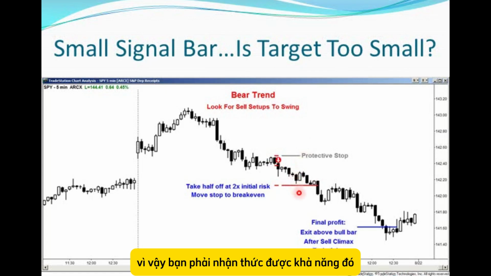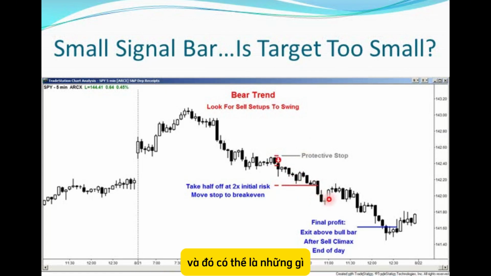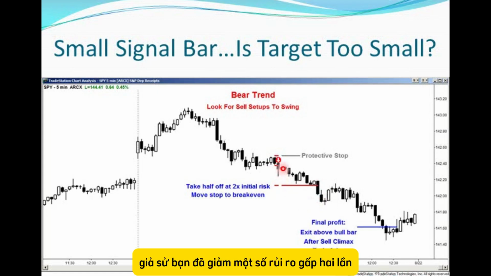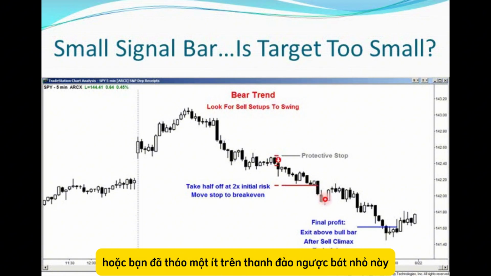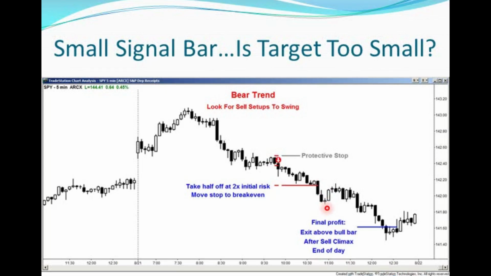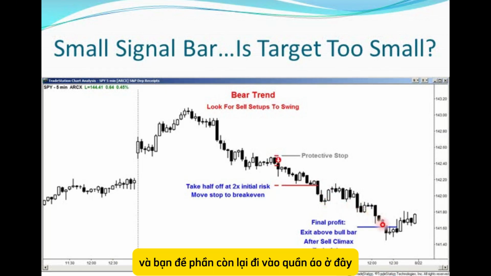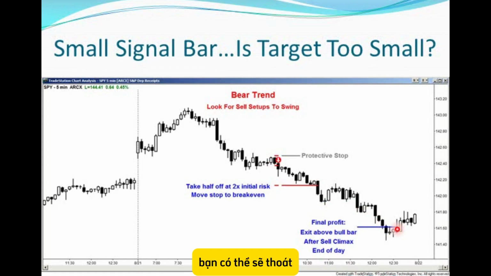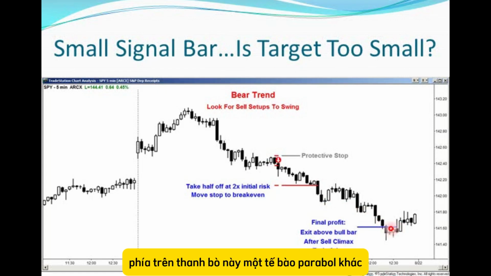So you have to be aware of that possibility, and that might have been what the market was trying to do right here. In any case, let's say you took some off at 2 times the risk, or you took some off above this small bull reversal bar, and you let the rest go into the close. Down here, you probably would exit the final amount going into the close above this bull bar.